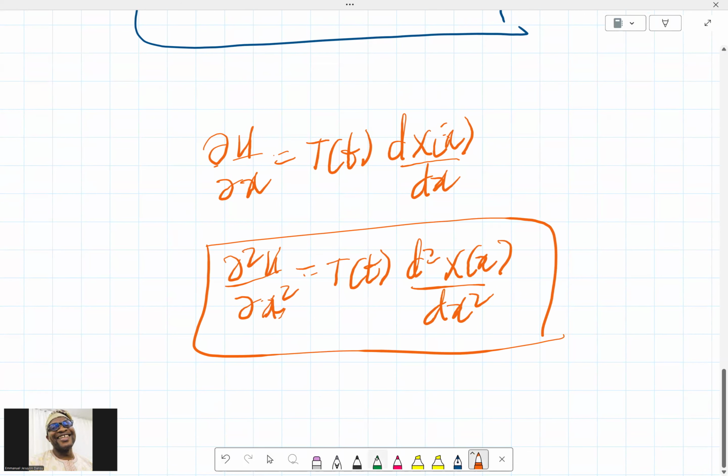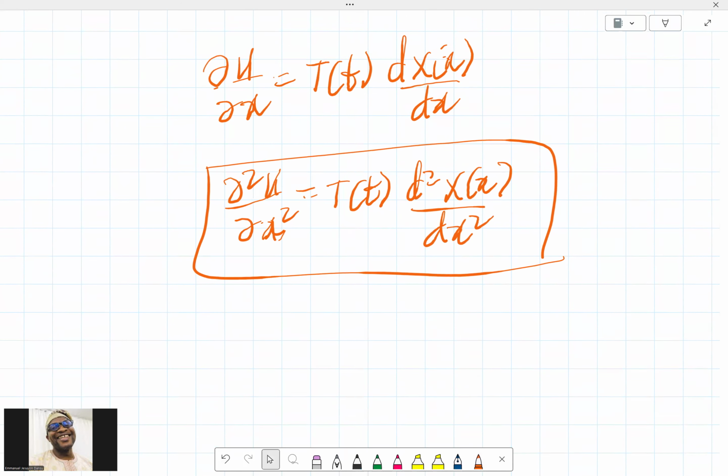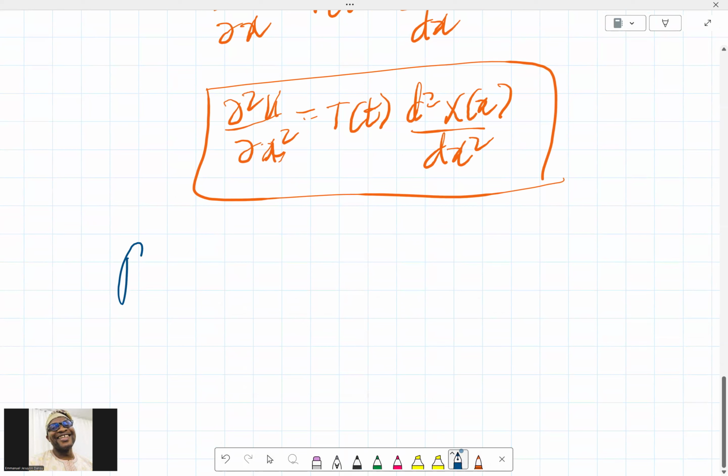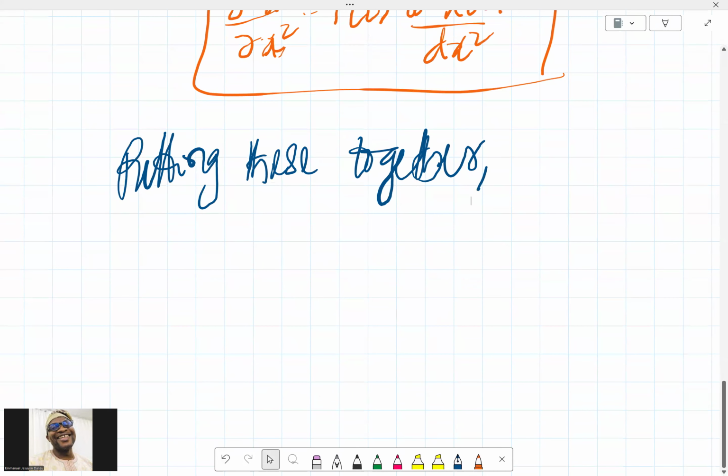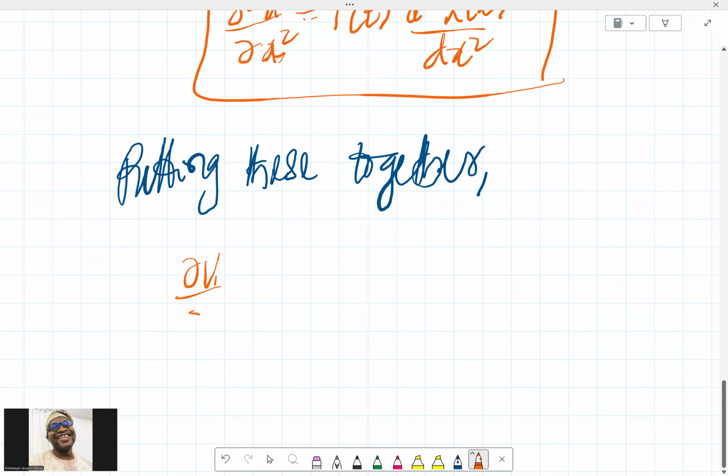Putting all this together, carefully, we see that partial u partial t equals alpha squared partial squared u partial x squared.